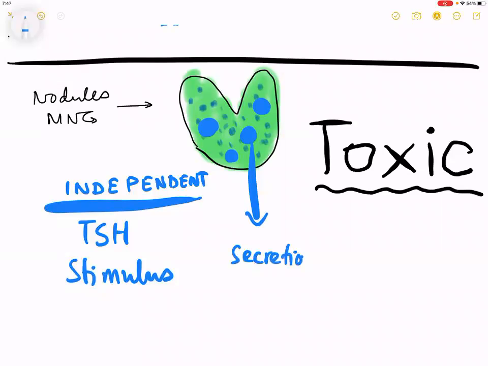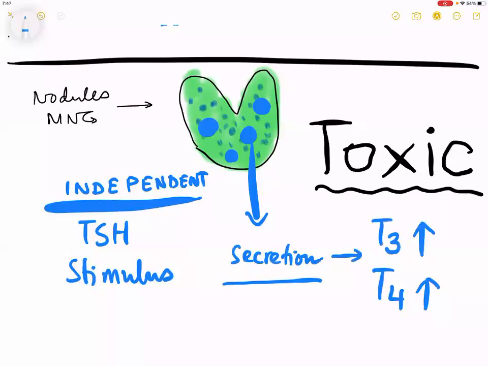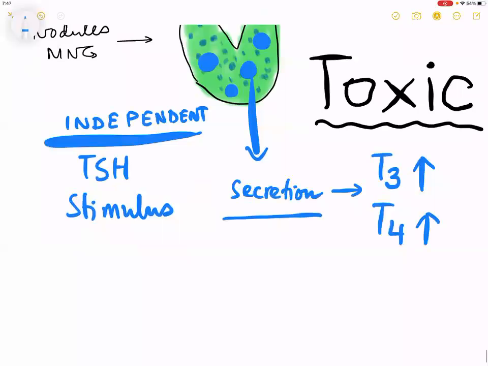Now these are all follicular nodules made of follicles. So what is the material that can come out? T3, T4. So what will be the clinical problem with the patient?